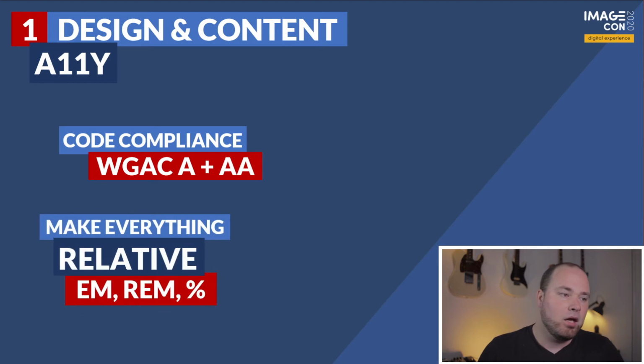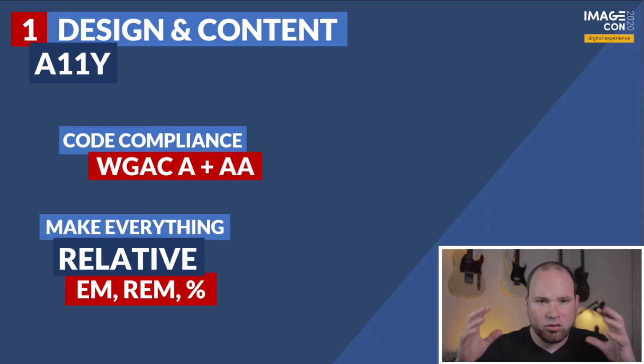Also, make everything relative. I don't want to see pixels anymore. We're only doing EMs, REMs, percentages, stuff like that. And I'm saying this because a lot of people zoom their website. Most people that have a disability and need to see something better, they zoom like 200%. But sometimes your fonts don't zoom as nicely as your interface or whatever.